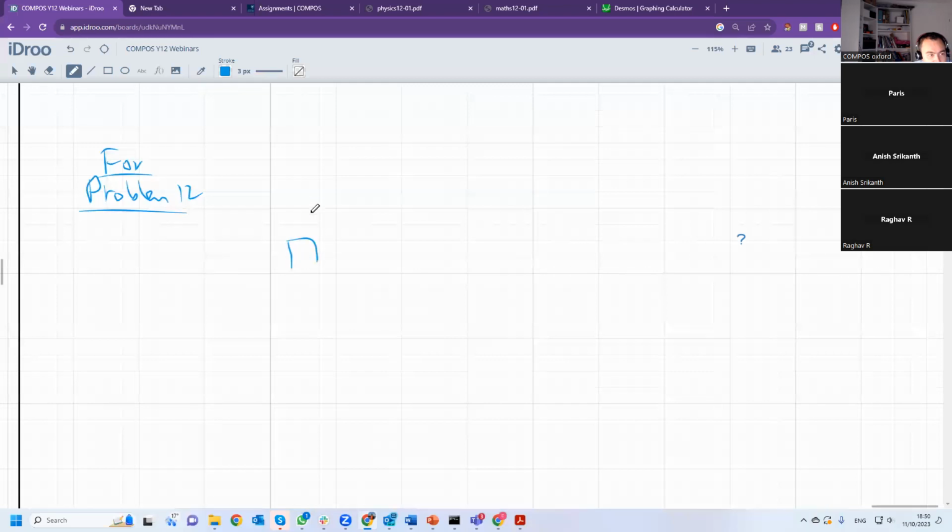So this is a chair, and this is me. You can say that this is me plus chair, and there's the weight, mg, my mass plus the chair. And there's a normal reaction from the floor.